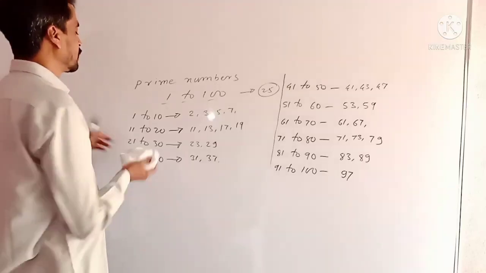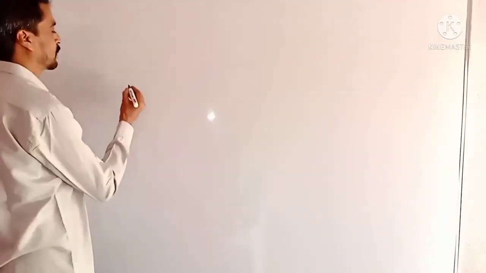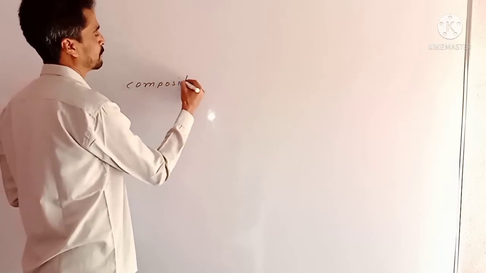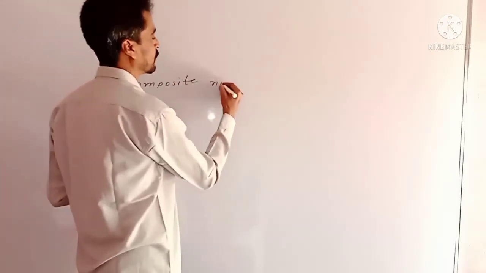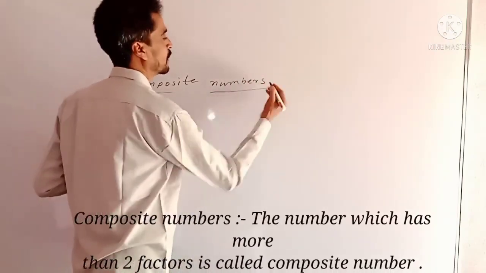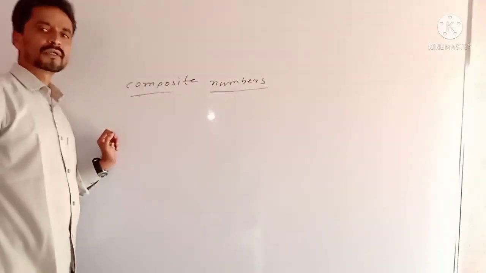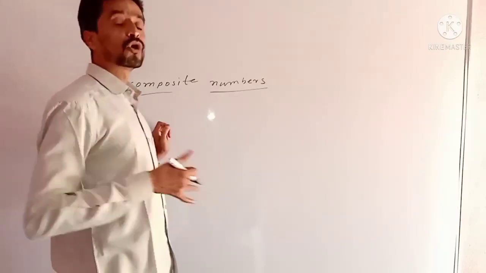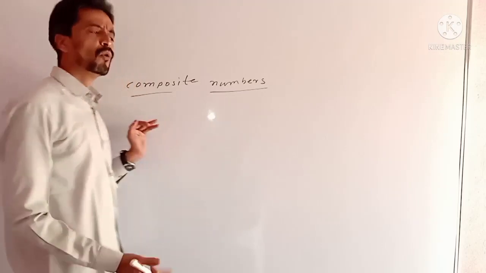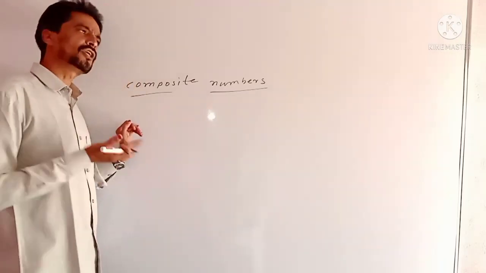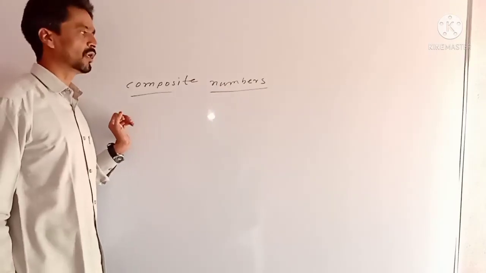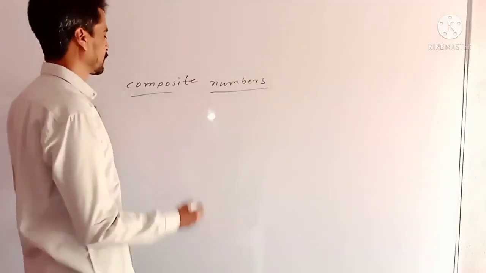Now let's see composite numbers. What is called a composite number? The number which has more than two factors is called a composite number. More than 2 means 3, 4, 5, 6, many more can be the factors of a composite number.